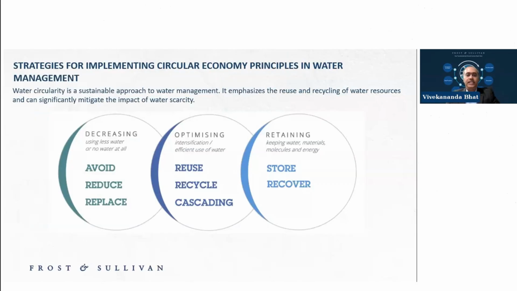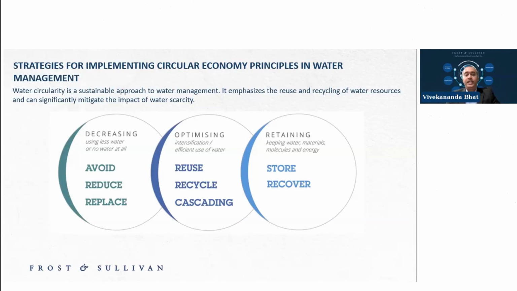For example, in decreasing, we have avoid, which means preventing the unnecessary use of water. Then we have reduce, wherein we minimize the usage of water, and replace, wherein we substitute water with an alternate material.